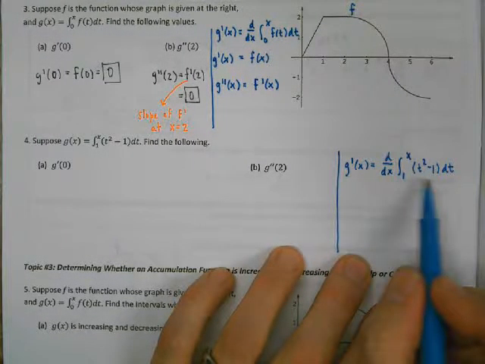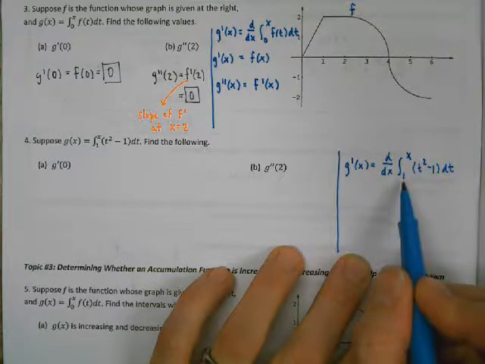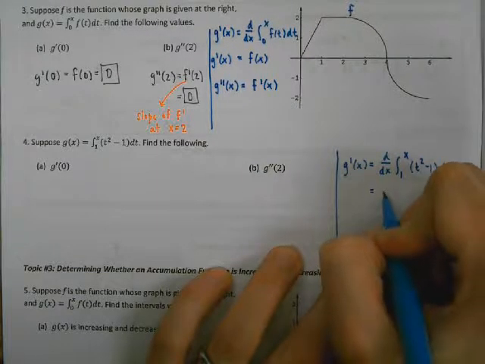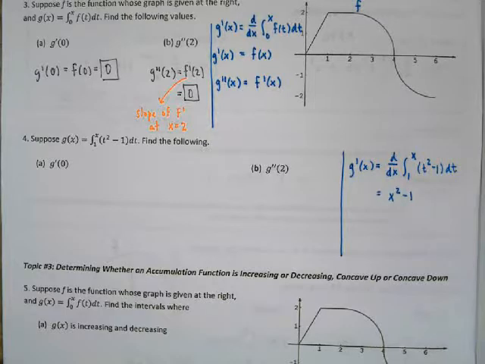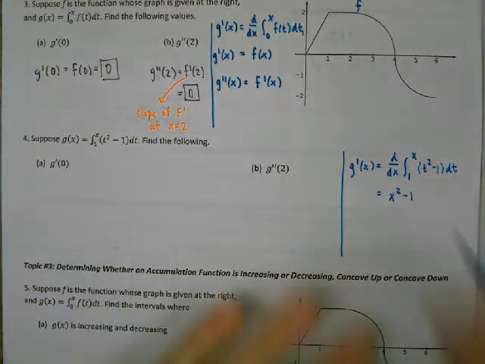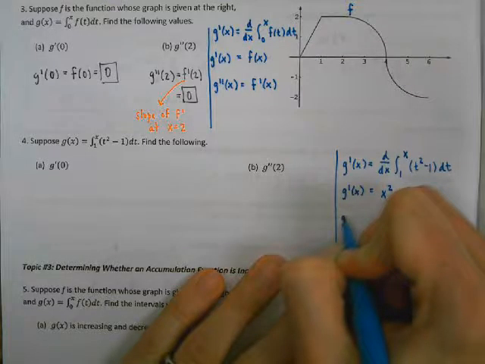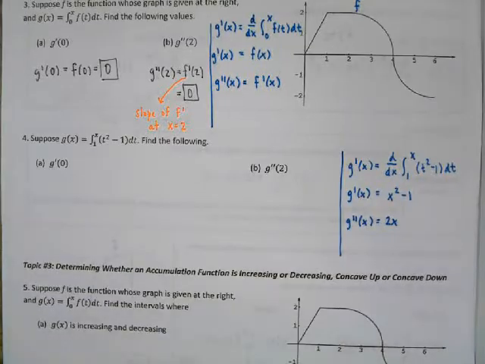Again, this is just our fundamental theorem. Taking the derivative of an integral, my lower limit is a constant, my upper limit is x, so I'm just going to substitute. g prime of x then is x squared minus 1. So now I know that g double prime of x then is just 2x.